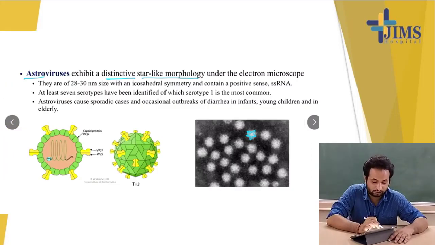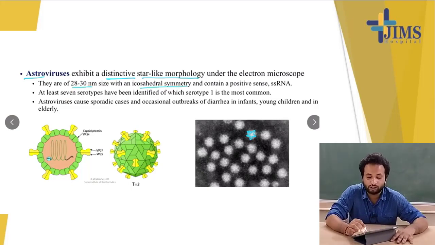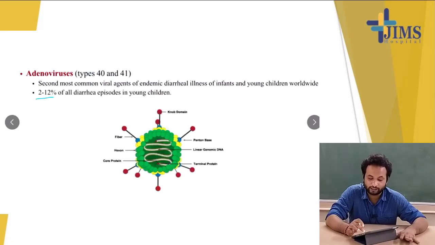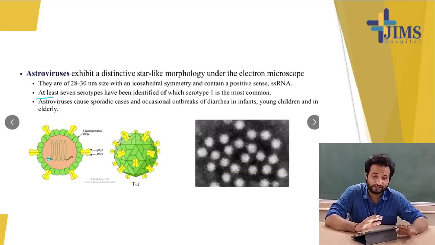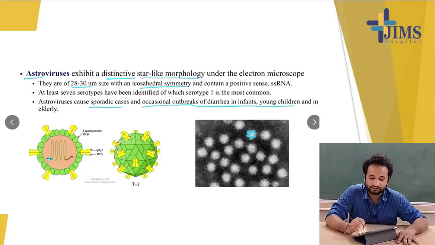The size is a bit bigger, 28 to 30 nanometers, with icosahedral symmetry, and it contains a positive sense single-stranded RNA. They have at least 7 serotypes, out of which serotype 1 is the most common, and it causes sporadic cases and occasional outbreaks of diarrhea in infants, young children, and the elderly, similar to sapovirus.